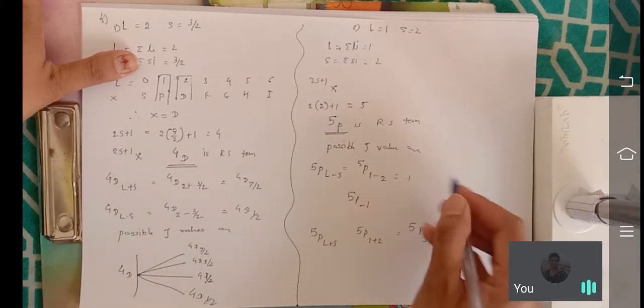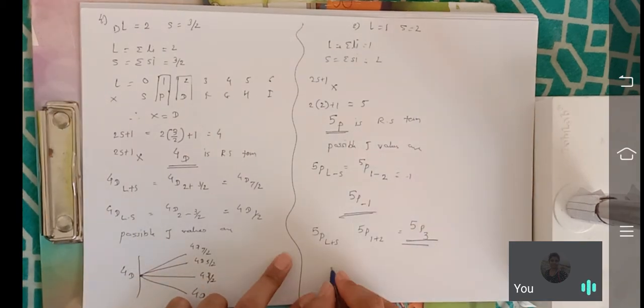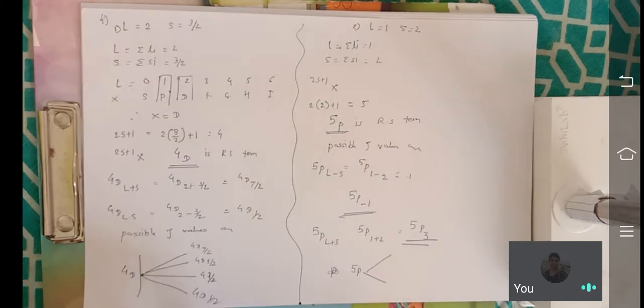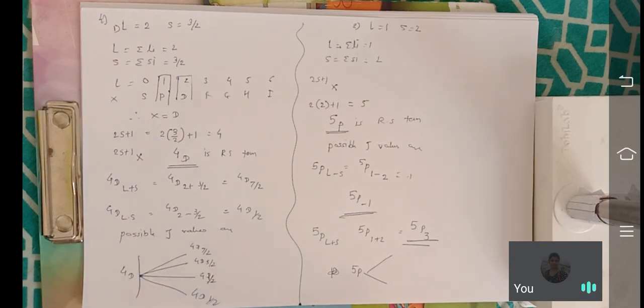This is the possible J values, from quintet P minus 1 to 3. This is all about the possible J values, that means the appropriate RS term symbol for the states having different values of L and S, and we also see the possible J values. Now we stop here. Thank you.